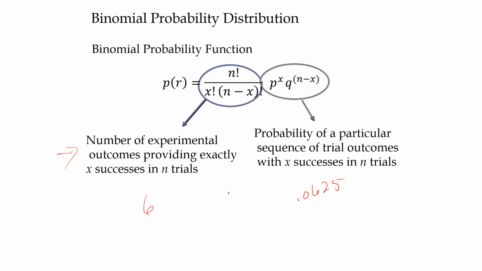And if you multiply those two together, you get that 0.3750, because that is the probability of getting 2 heads on 4 flips. So the left side is the number of successes, the right side is the probability of each individual success. You multiply those together and you get the actual outcome.